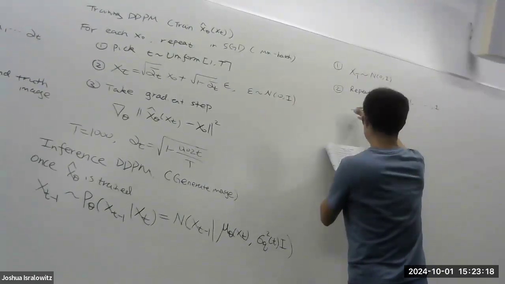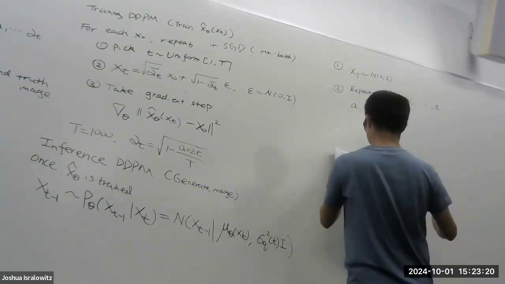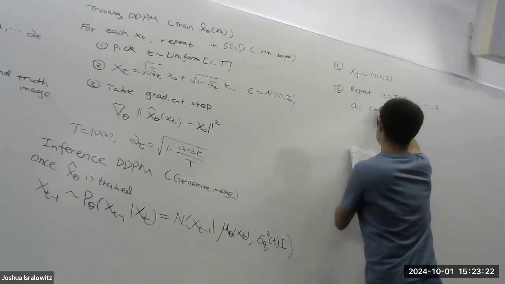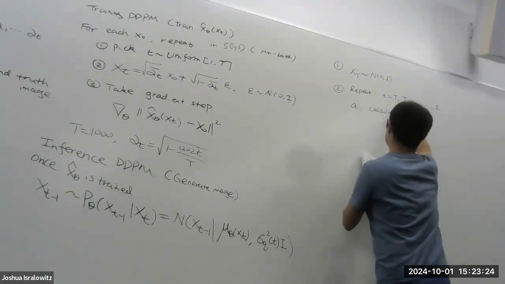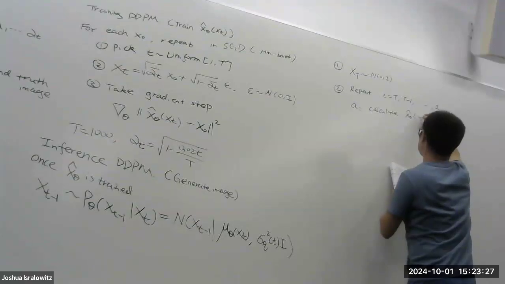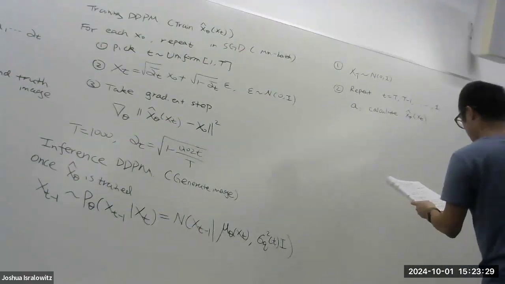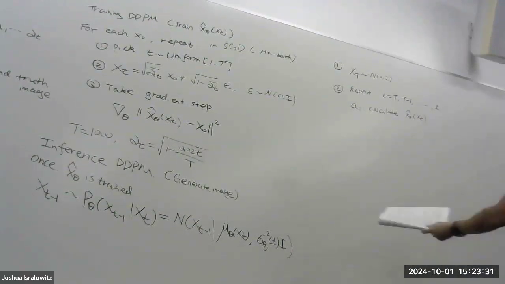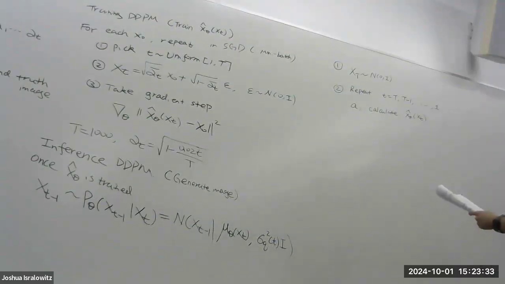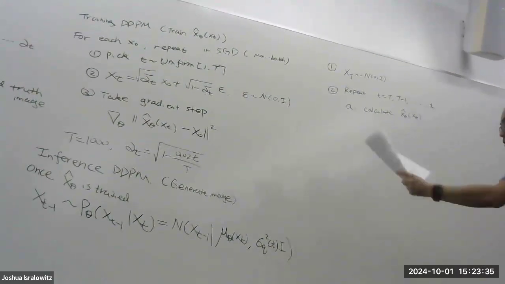The first thing is you calculate x theta hat of xt using this trained neural network, or trained denoiser.